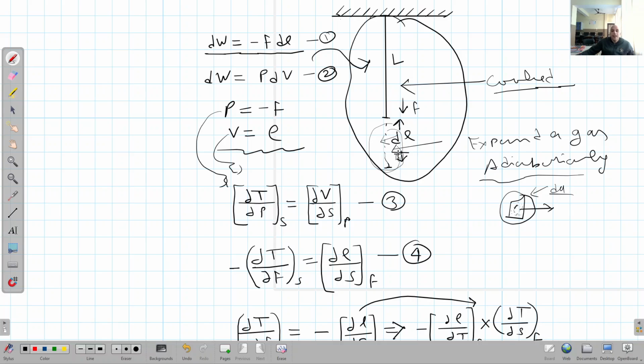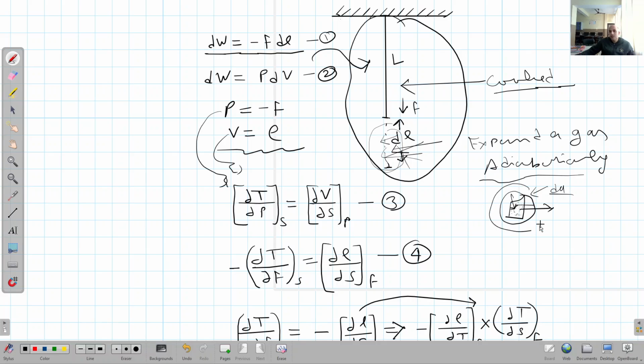So what will be the effect? Ultimately, the temperature of these atoms or molecules will reduce because they didn't get energy from external sources, from the surrounding, right? So that's why cooling will be produced.